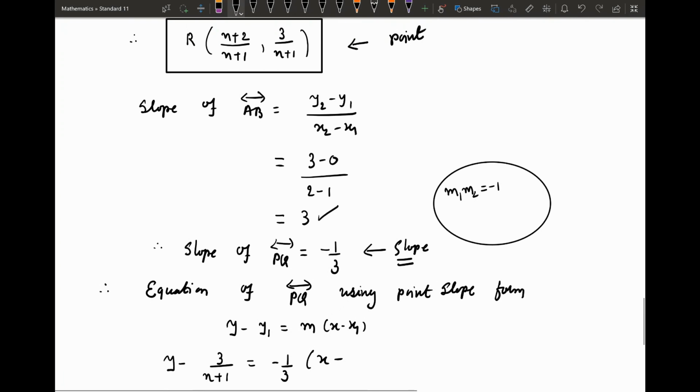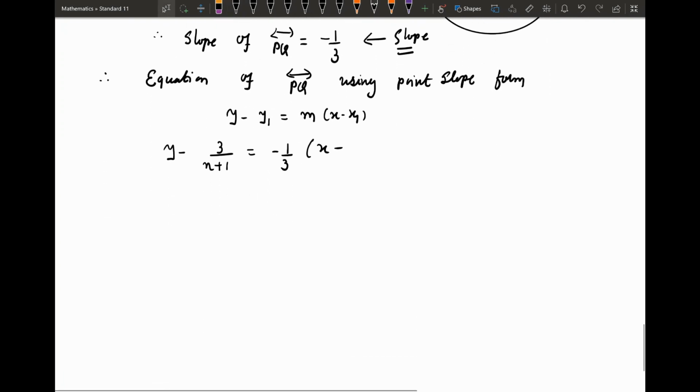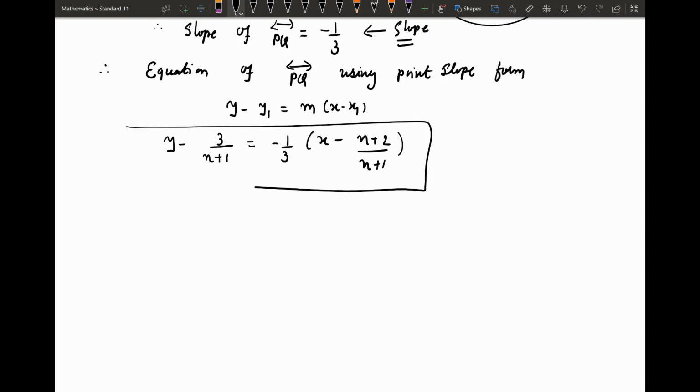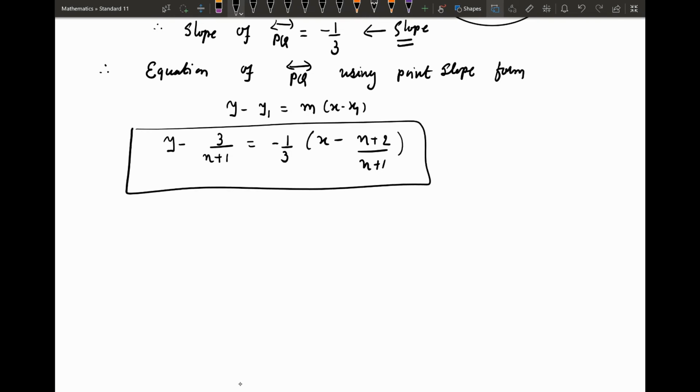In point slope form, coordinates of R will work as x1, y1, so (n + 2)/(n + 1). Now one can simplify this by taking LCM.